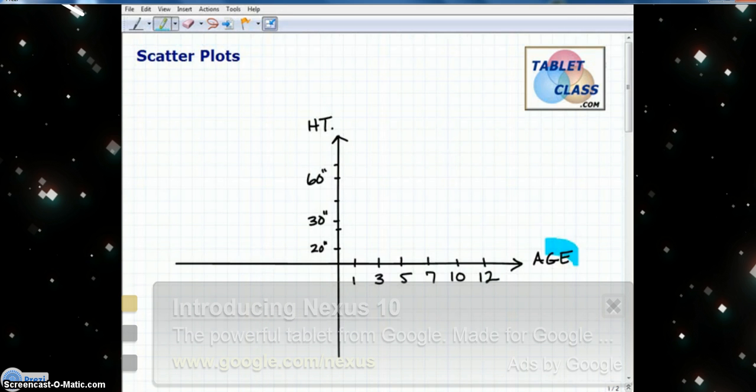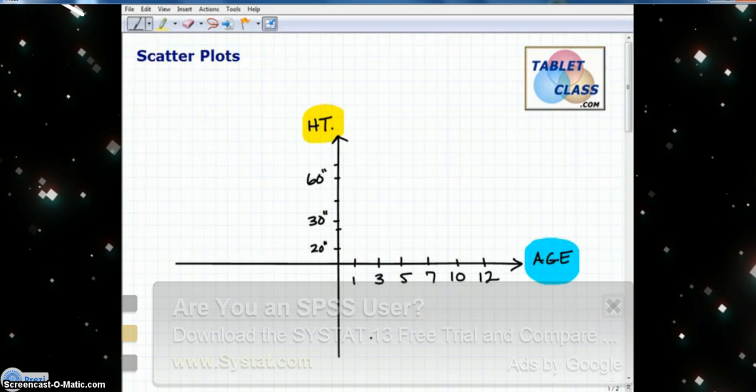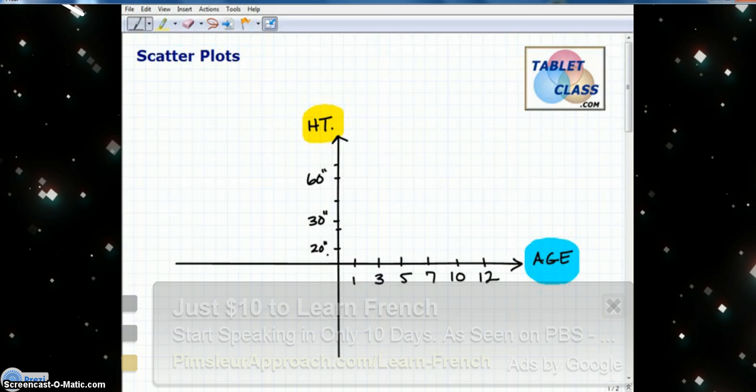On my X-axis I have age, and on my Y-axis I have height. Let's suppose I'm collecting information on 100 different people, from infants all the way up to teenagers, getting their age and correlating it with their height in inches.